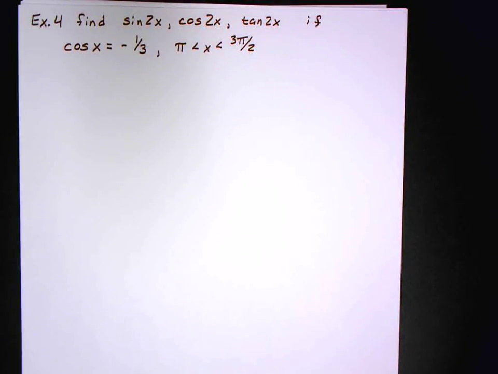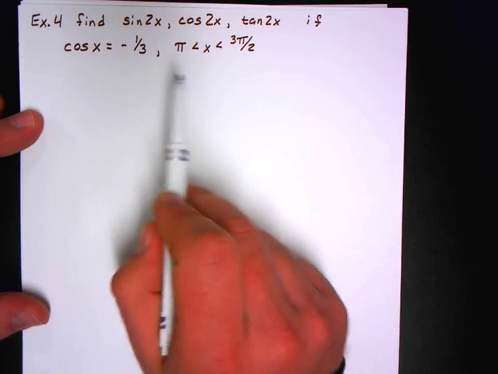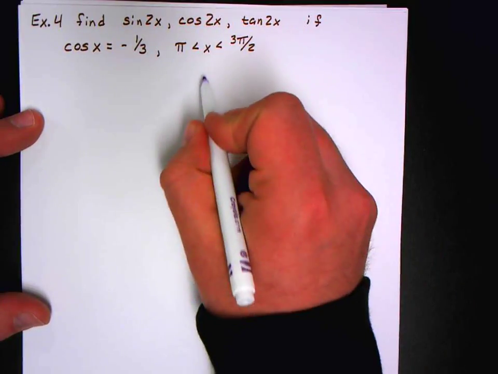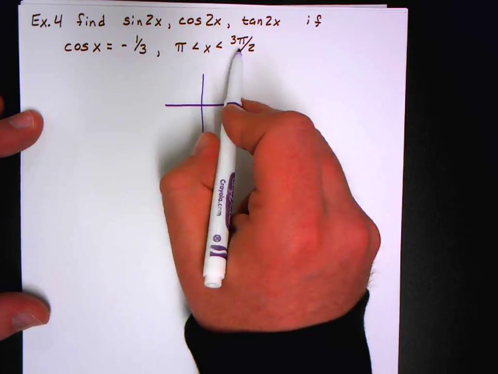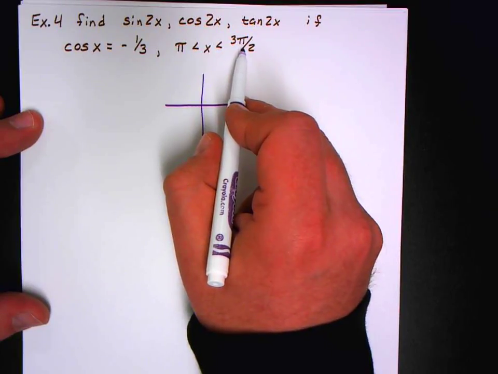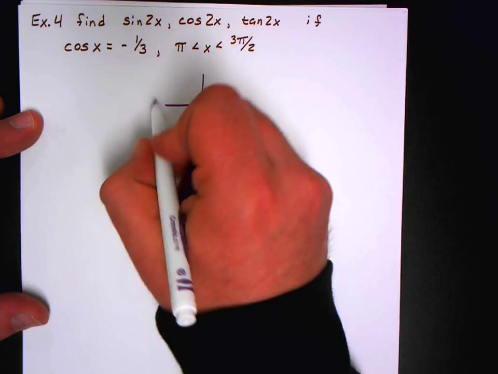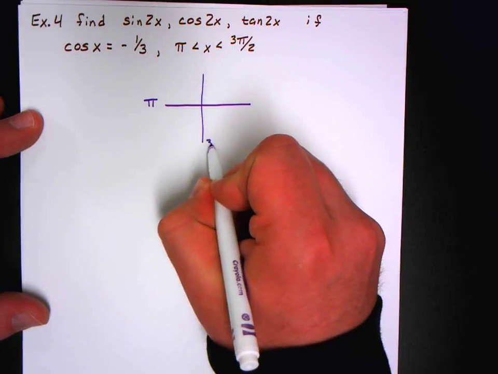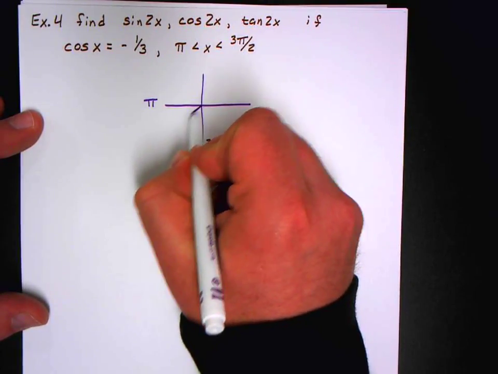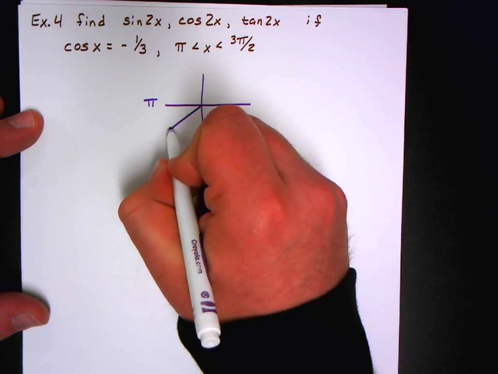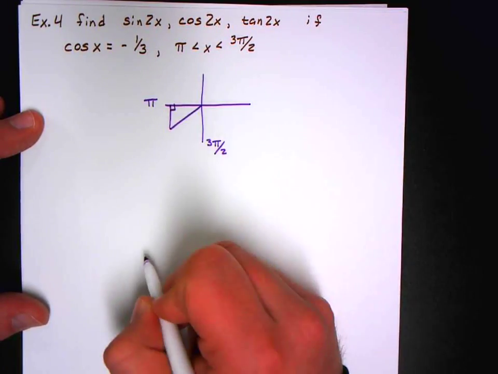So that means I have a triangle someplace. Well, this tells me that on my unit circle, my triangle is actually in the third quadrant. It's in between pi and 3 pi over 2. So my line is over here. So here's my triangle.